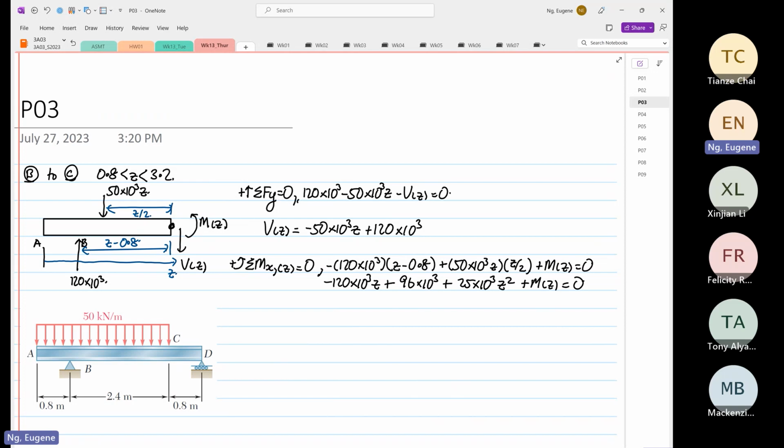So now what we have is M as a function of Z is equal to minus 25 times 10 to the power 3 Z squared, plus 120 times 10 to the power 3 Z, minus 96 times 10 to the power 3.